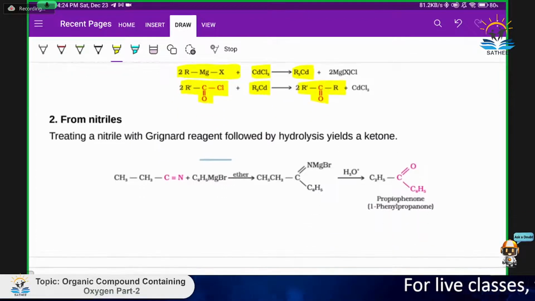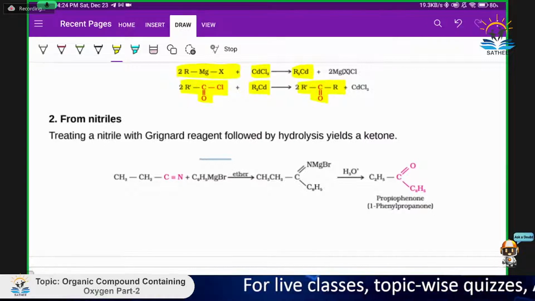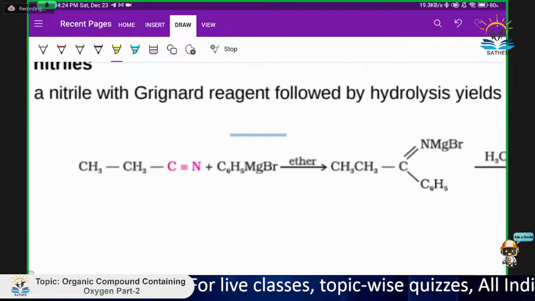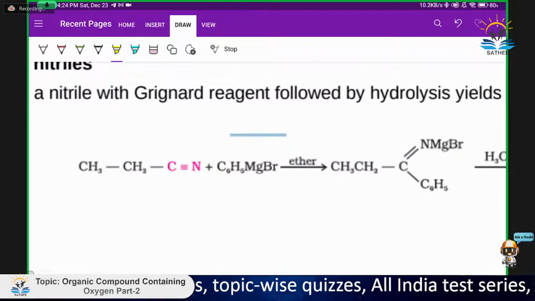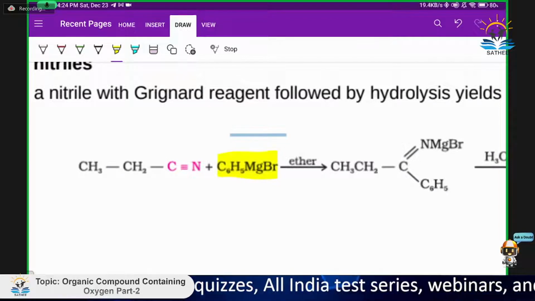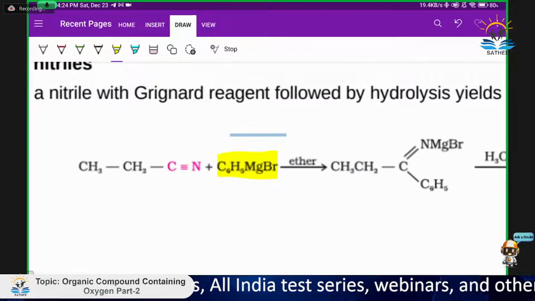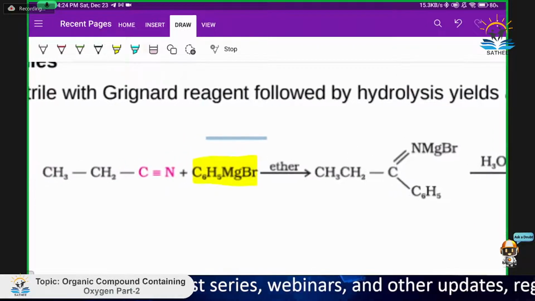Okay. Now the second method is from nitriles. Treating a nitrile with Grignard reagent followed by hydrolysis yields a ketone. So the nitrile we are reacting with a Grignard reagent. So we have here CH3MgBr. We know the bond shifts here.